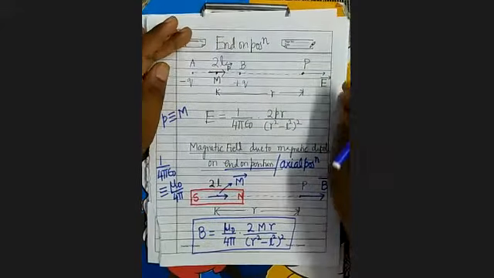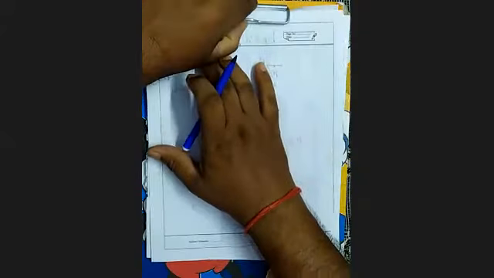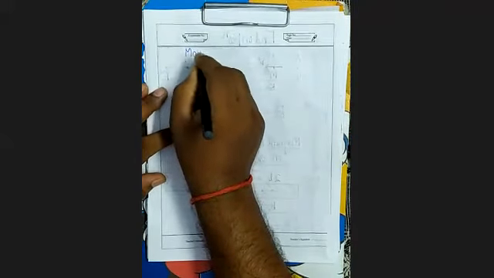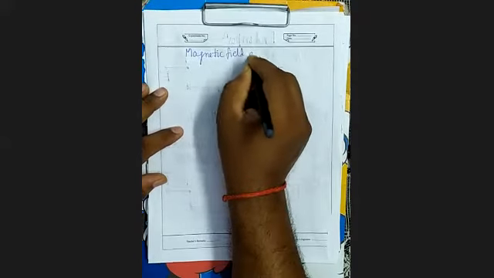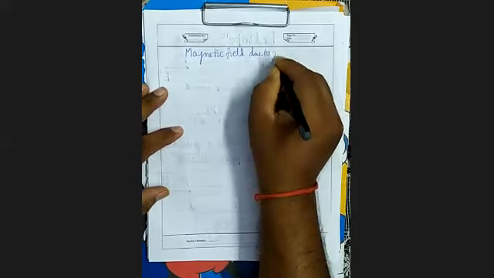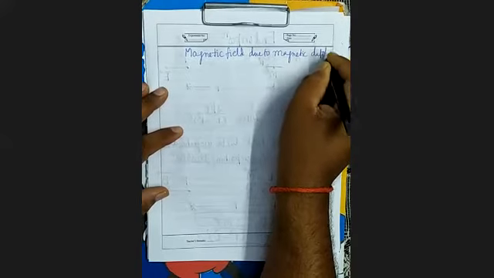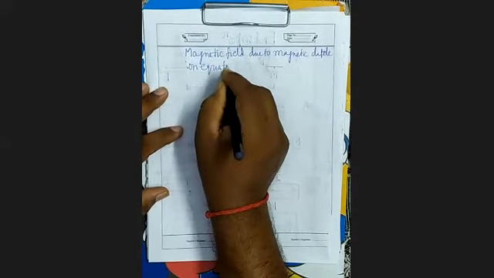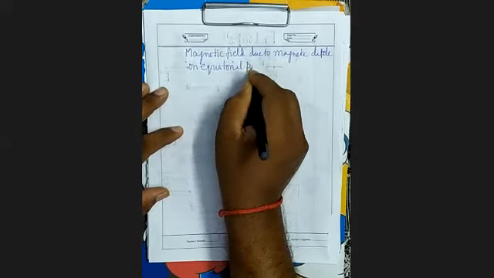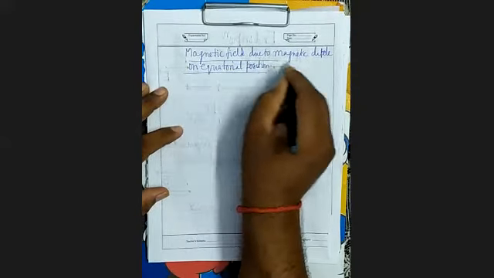Now we will see magnetic field due to magnetic dipole on the equatorial position. Equatorial position means right bisector of the dipole length.